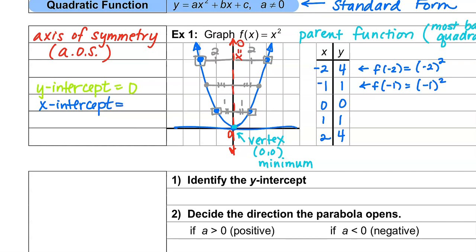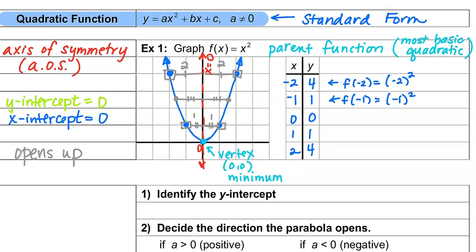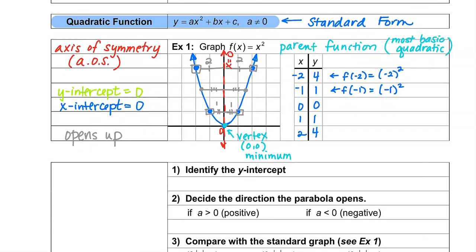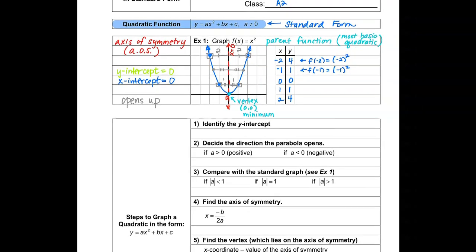Well, it crosses on the x-axis here at 0. Notice too, another important thing is that this opens up. Okay, are we good with that?